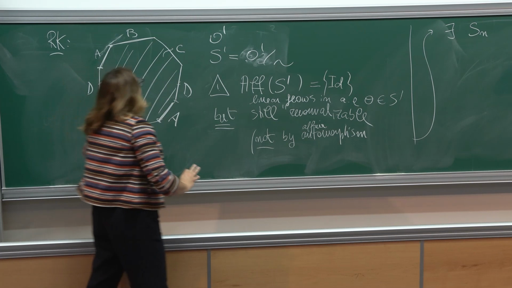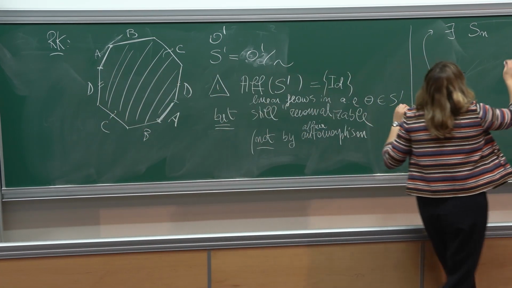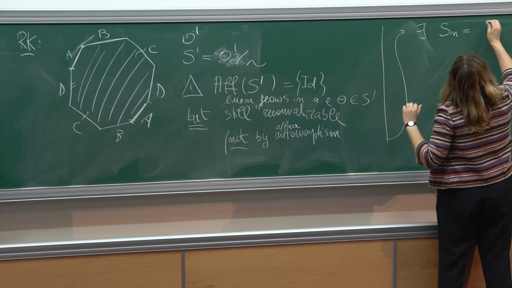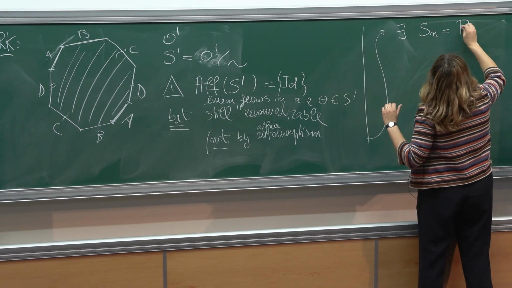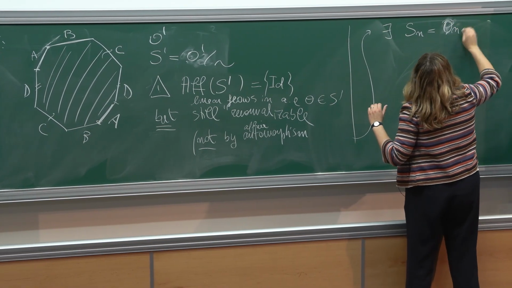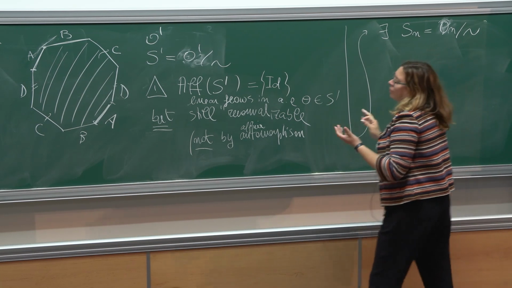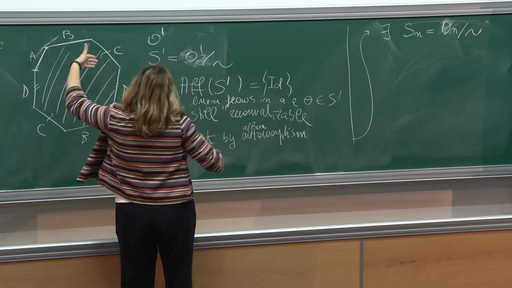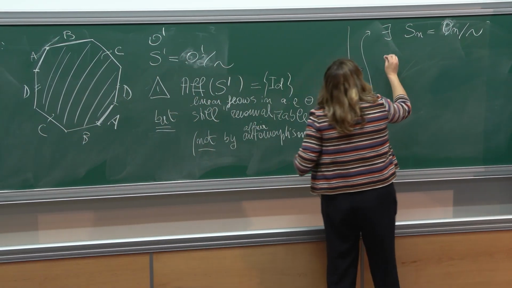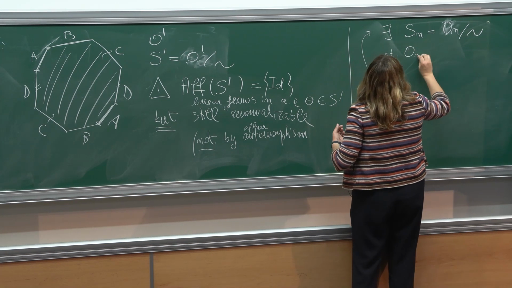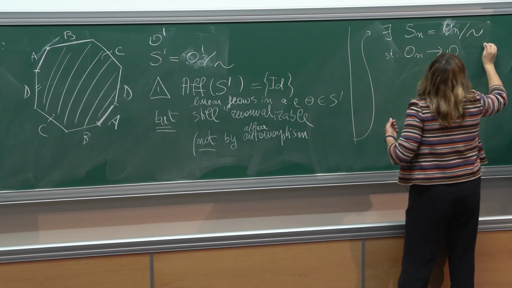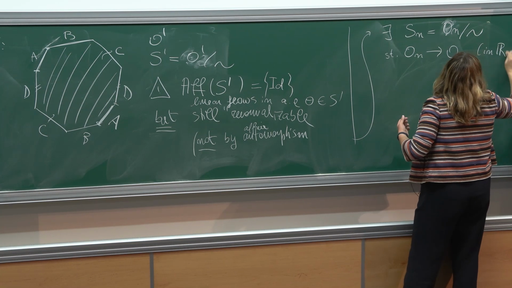So there exists a sequence of surfaces Sn, which I call On modulo gluing, such that On converges to O in R2.